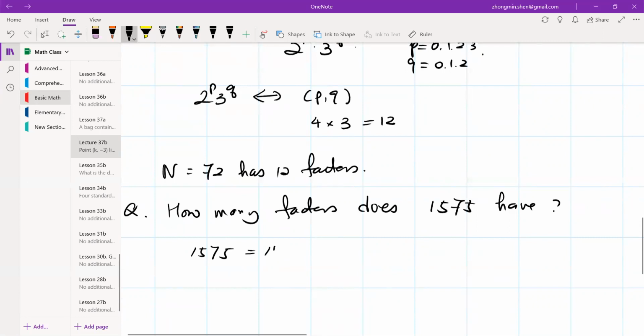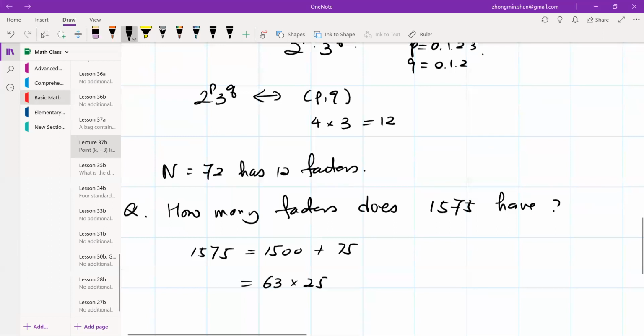The reason is 1,500 plus 75: 1,500 divided by 25 and 75 divided by 25. So you can do the factoring quickly if you divide by 25. Then it will be 63 times 25.